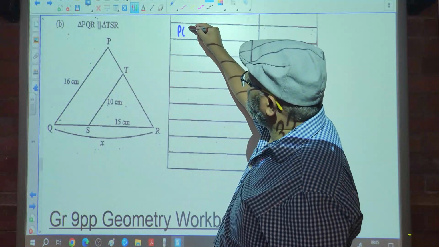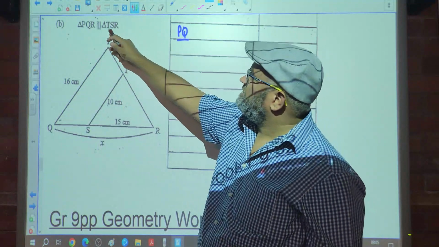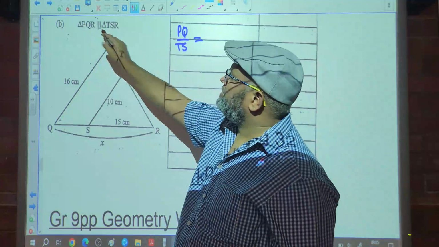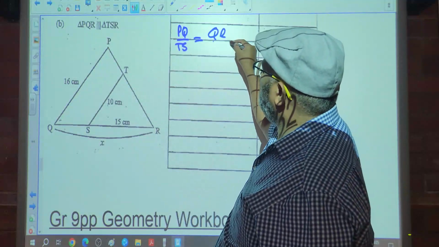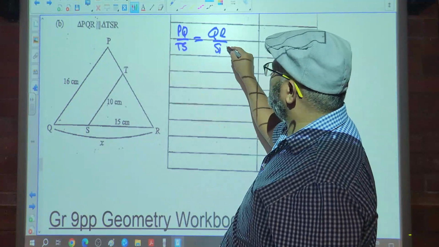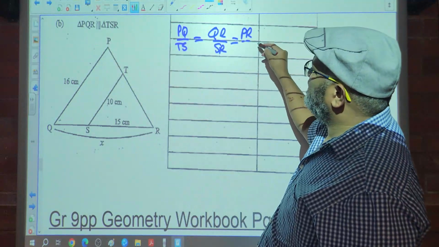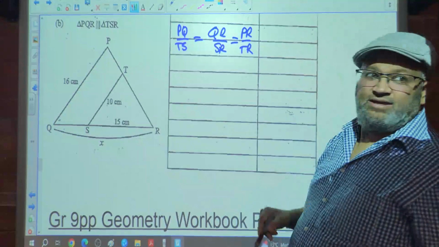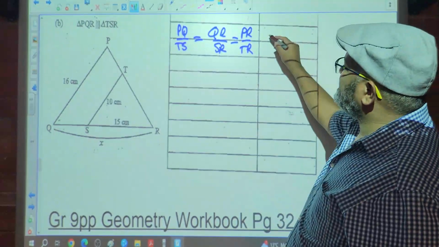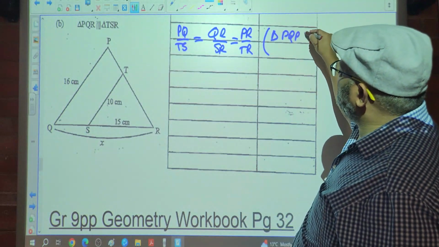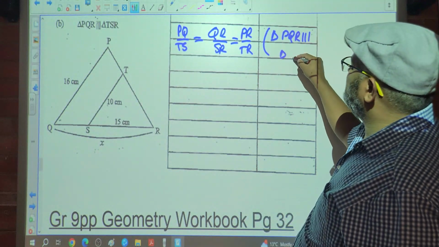PQ over TS is equal to QR over SR equals PR over TR. Why? Why is that the case? Because triangle PQR is similar to triangle TSR.